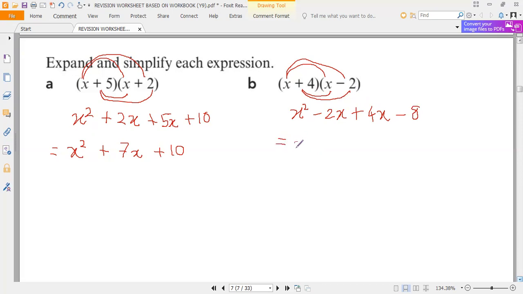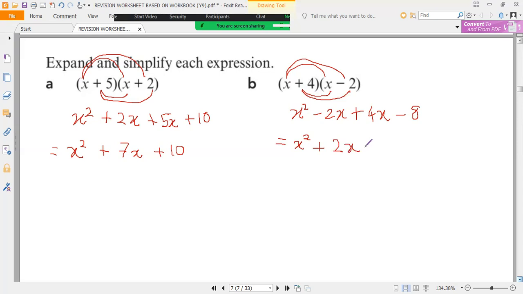Final answer, x squared, negative 2x plus 4x. So it considered you borrowed 2 ringgit from someone, but you already paid 4. So you don't owe money at all, right? So you have paid 2 ringgit extra. Positive 2x minus 8.